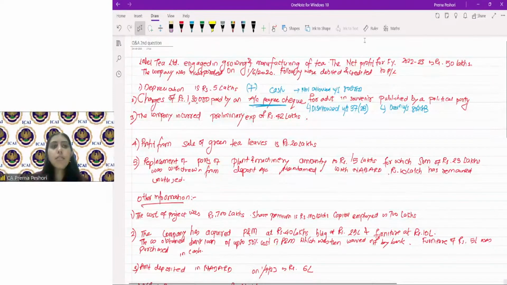Yes, calculate fast. For the preliminary expenditure, how much deduction should be allowed?